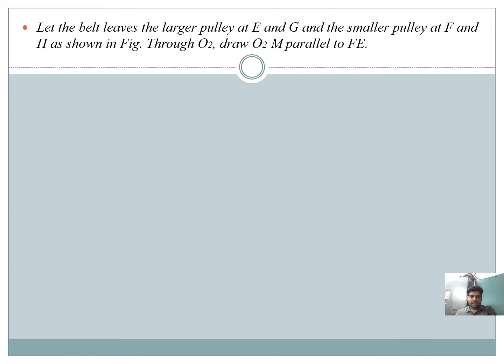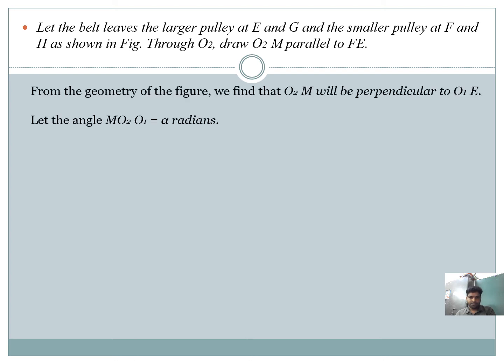Let the belt leave the larger pulley at E and G and the smaller pulley at F and H, as shown in the figure. Through O2, as shown in the figure, draw the line O2M which is parallel to FE.